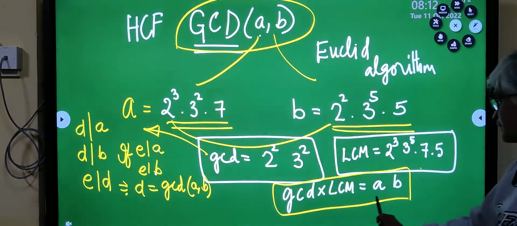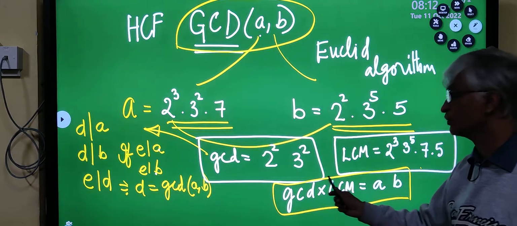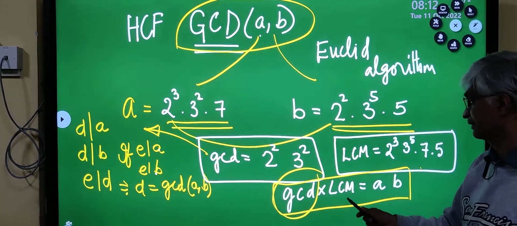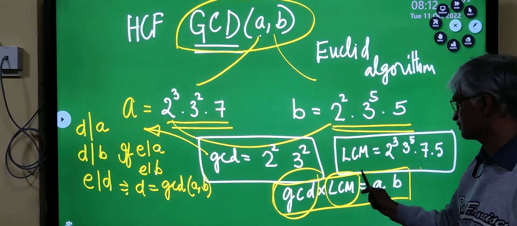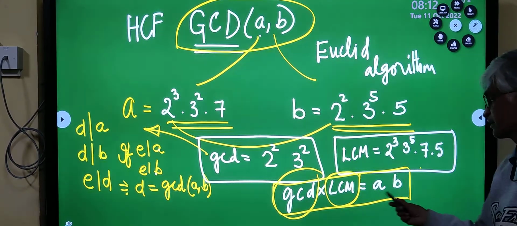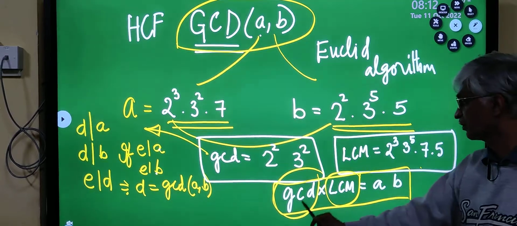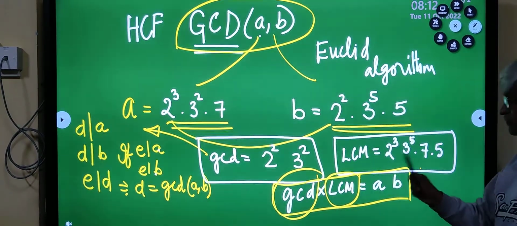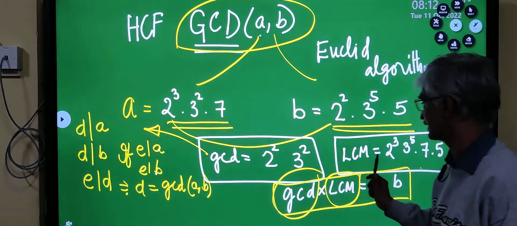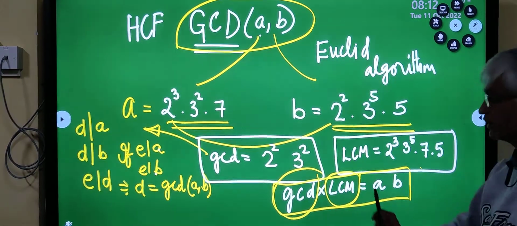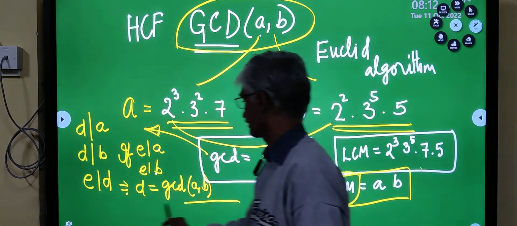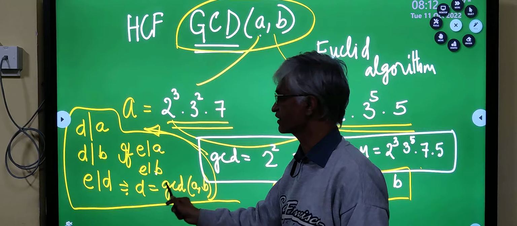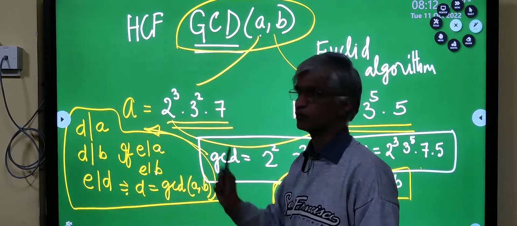Now what I want you to understand from this is that if you have an efficient algorithm for the GCD, then finding out LCM does not require another algorithm because of this nice formula of GCD into LCM is equal to AB. So with that, we have understood what is the GCD and the LCM. We have looked at this nice formula, and this is the nicer way of describing what exactly is GCD. This is a sort of definition that will help us in proofs.